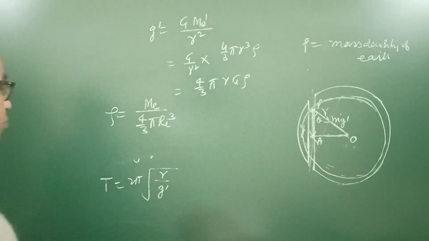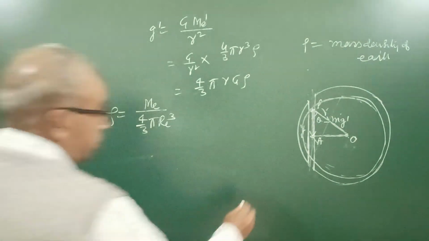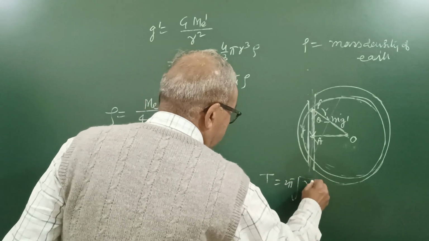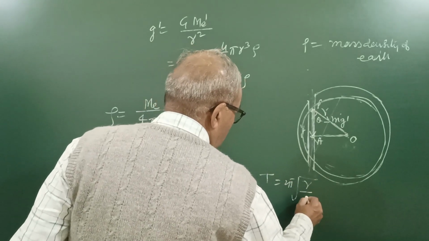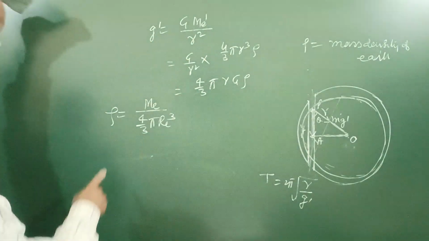Therefore, this T here is 2 pi under root r upon g dash. So we have to solve g dash.